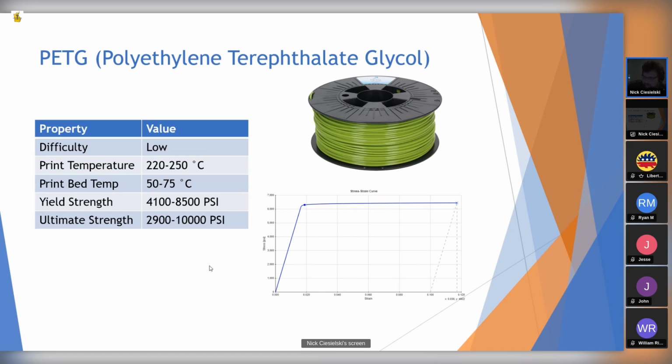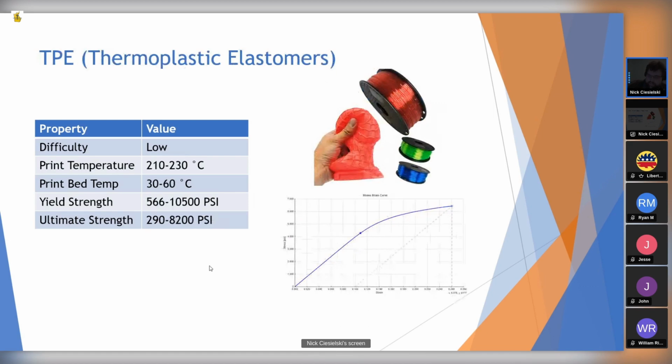Although I'm not convinced on ever really using a 3D printed plastic for anything food related, PETG is a food grade plastic, so that's something to keep in mind.